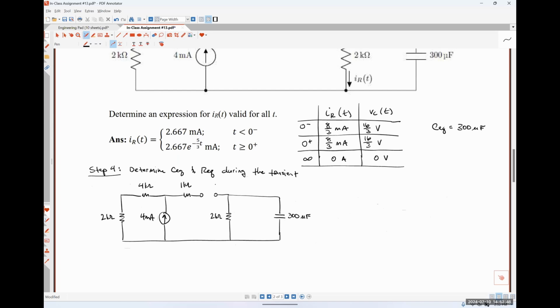So during the transient condition, my switch is opened, which is why I have drawn it as opened. And we're just finding effectively the Thevenin resistance seen by the 300 microfarad capacitor. So how do we find the Thevenin resistance as seen by a particular circuit element? Does anybody remember how to do that?